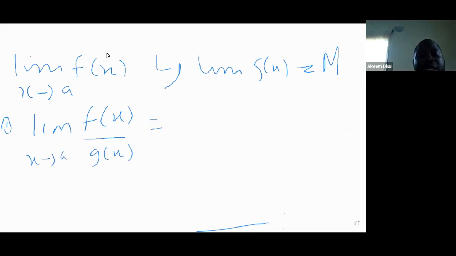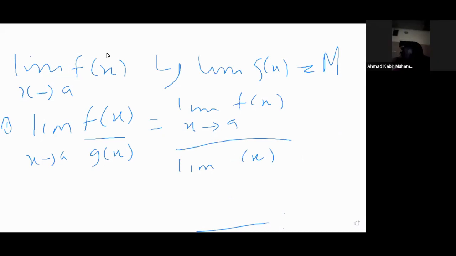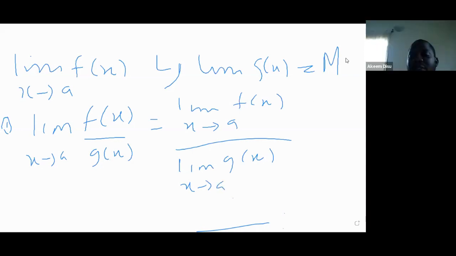And this one, you can write it as limit f of x as x tends to a, all over limit g of x as x tends to a. Is that taken?